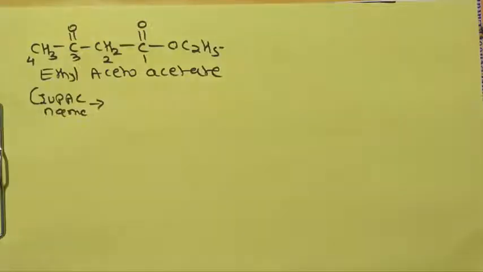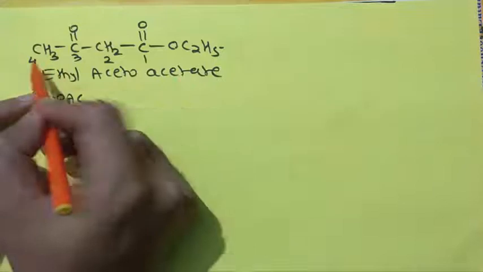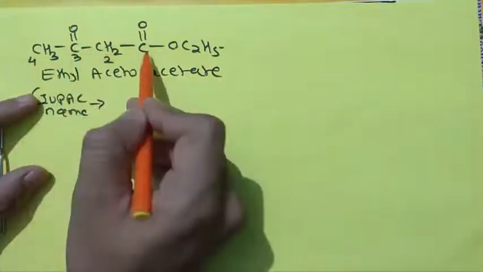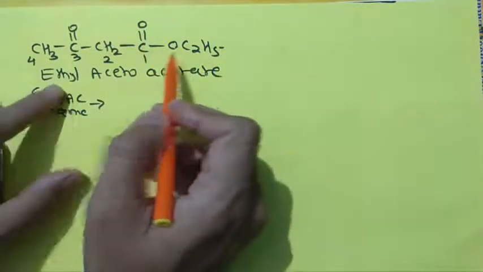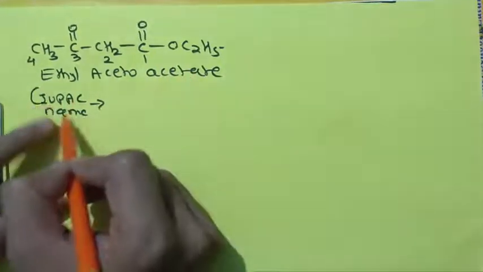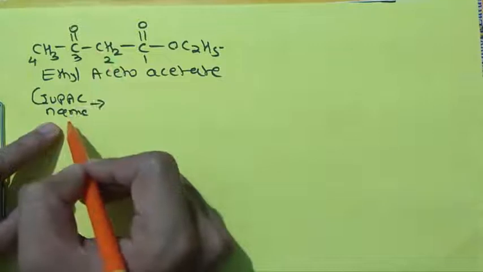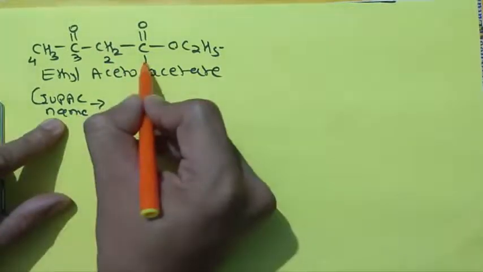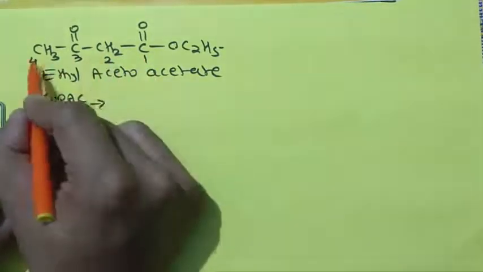This is the structure of ethyl acetoacetate, CH3-C=O-CH2-C=O-OC2H5. It is called ethyl acetoacetate. We have to give the IUPAC name to this compound. We number 1, 2, 3 and 4.